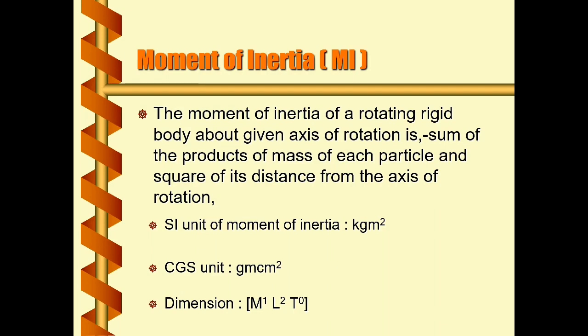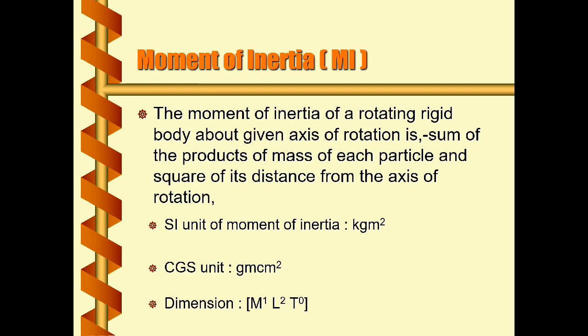This is the proper definition of moment of inertia. You have to remember this, because the definition of moment of inertia can be asked. So remember: the sum of the product of the mass of each particle and the square of its distance from the axis of rotation is nothing but the moment of inertia of the rotating body.